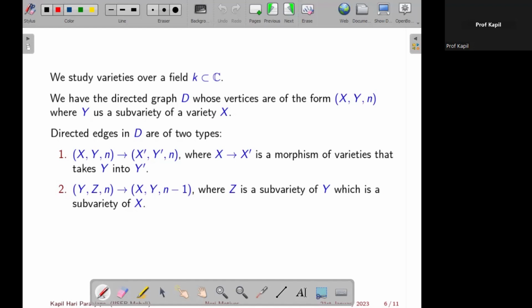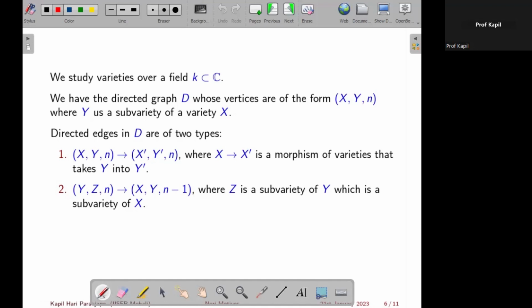And the other one is a boundary map where z is a subvariety of y, which is a subvariety of x. Though I have written it in this loose fashion, it's a chosen subvariety. It's not that it is a subvariety and you think of any different embedding. The embedding is given.